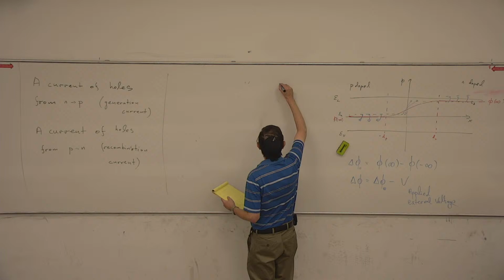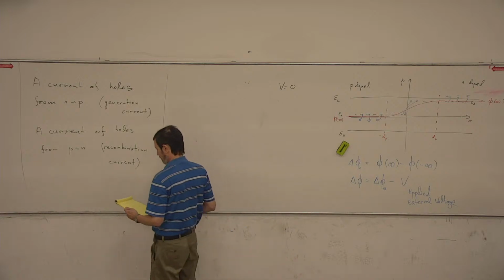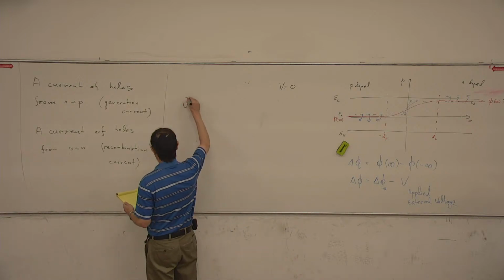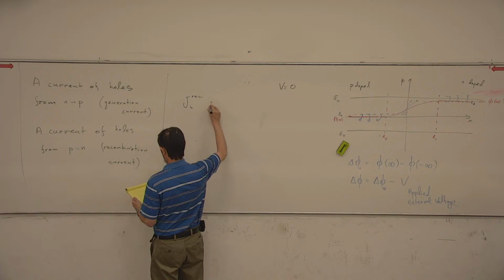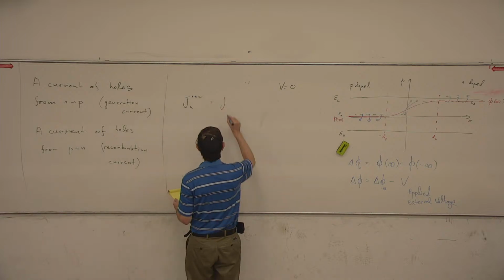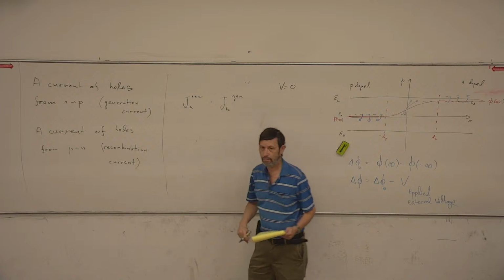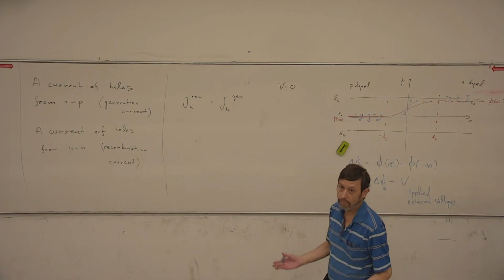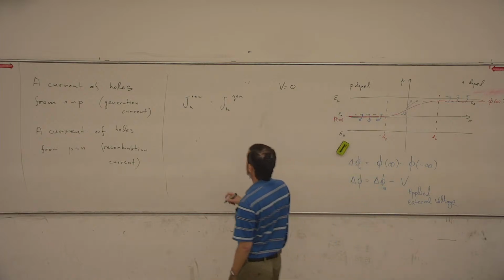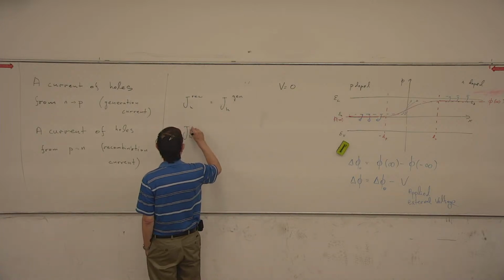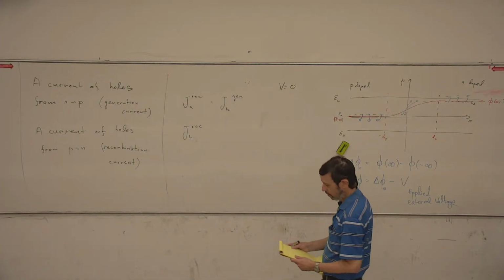So at V equals 0, it's a steady state. Now, can I say something about JH recombination?